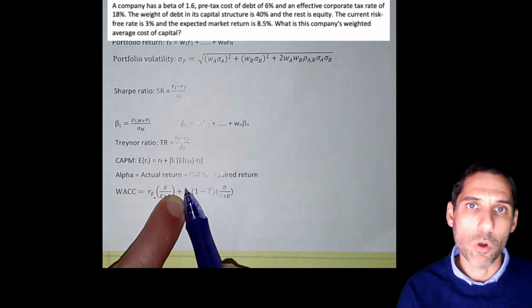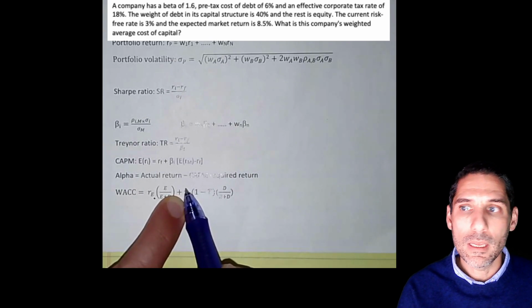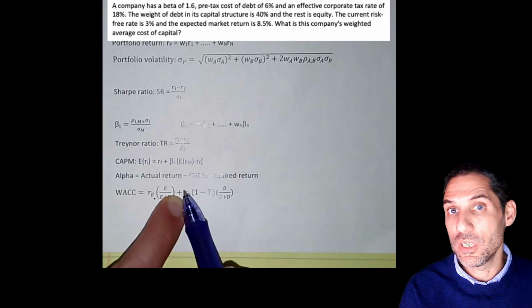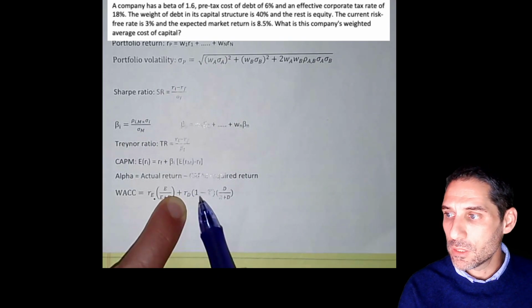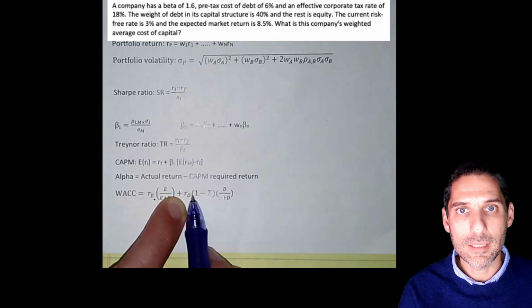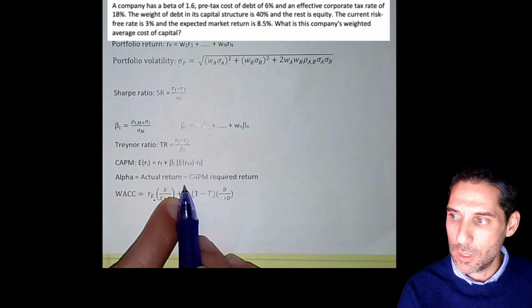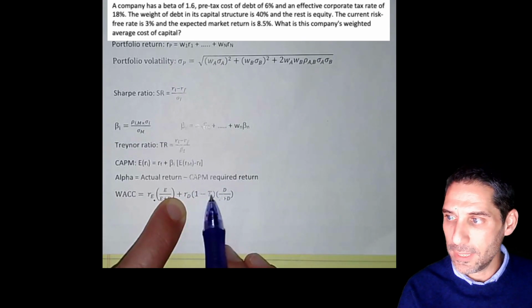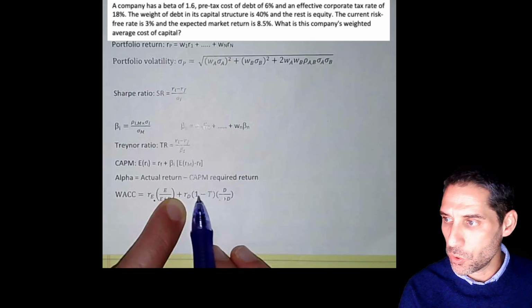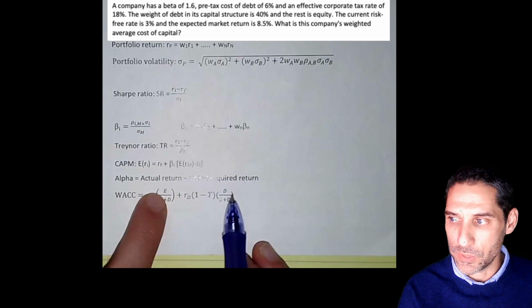For example, the yield on companies' existing bonds, or what interest rate the company would be charged if it needed to borrow money, times 1 minus T, the tax rate. That's the tax advantage of debt. The tax deductibility of interest payments lowers the effective cost of debt, right? Together, this gives the after-tax cost of debt, and then weight of debt, right? So these two will add up to 100%.